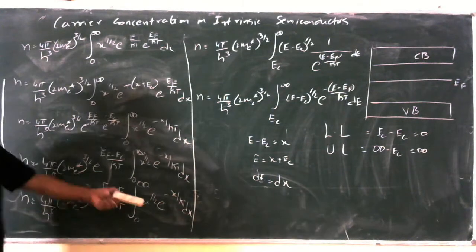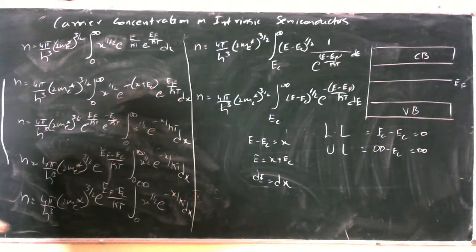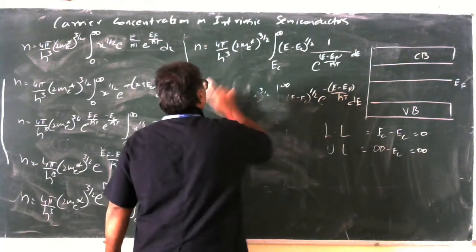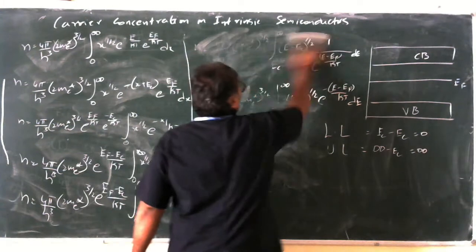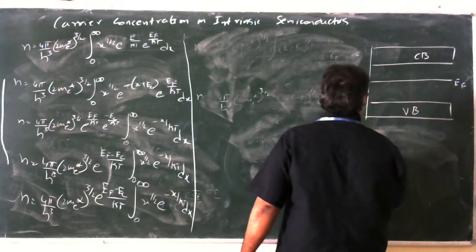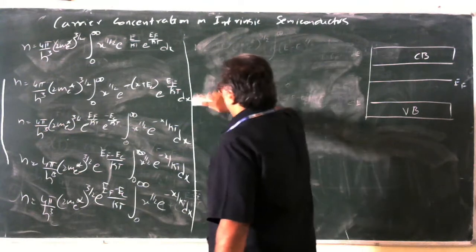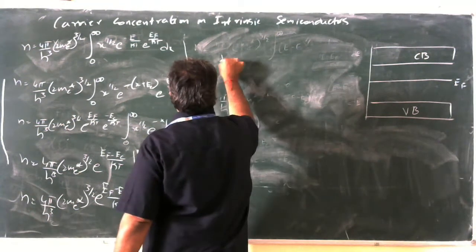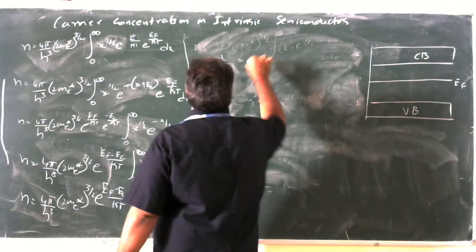Let us substitute some other constants here and solve this. How do we solve this? Because we have x and x by kT, let us take 1 by kT equals some alpha.